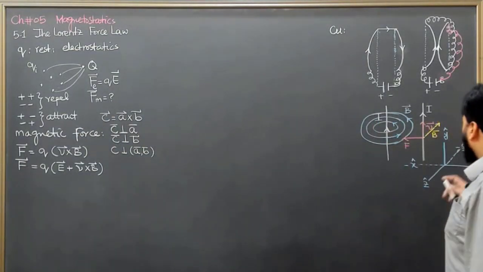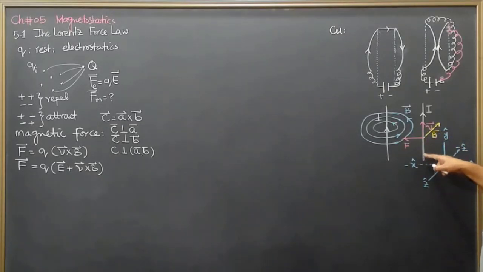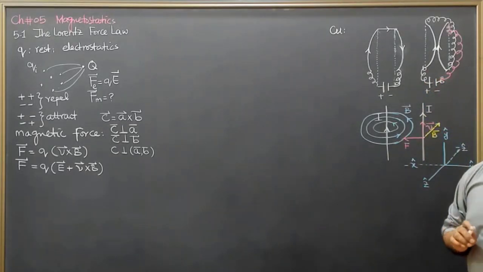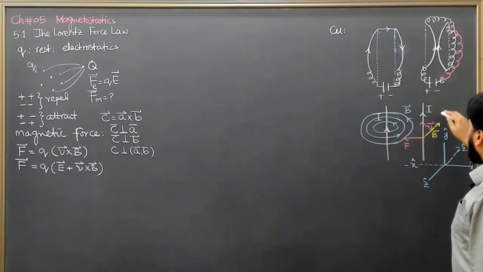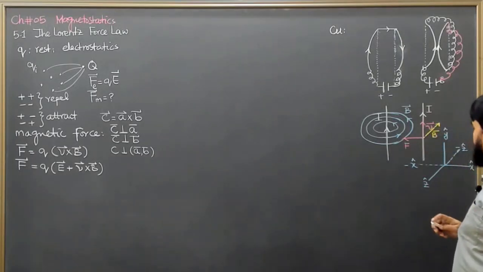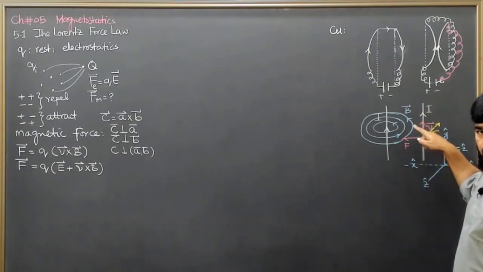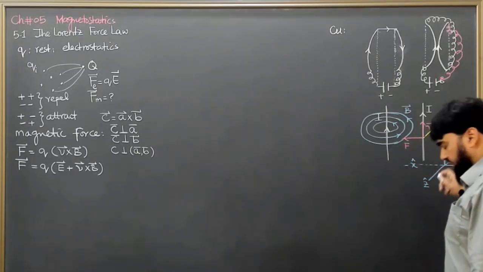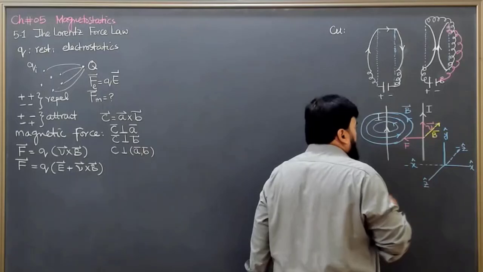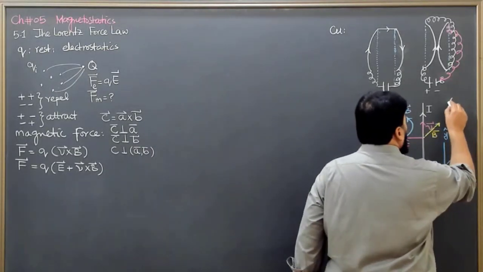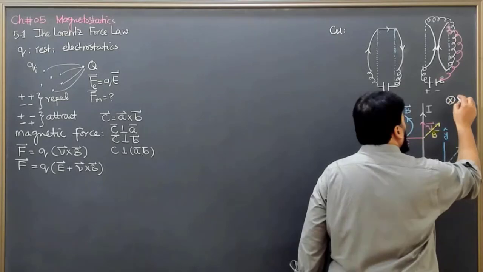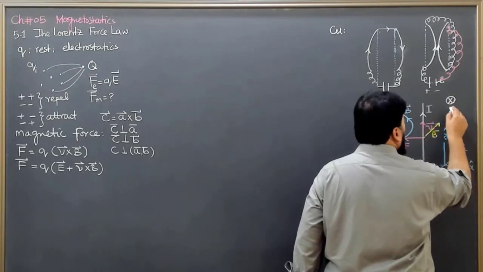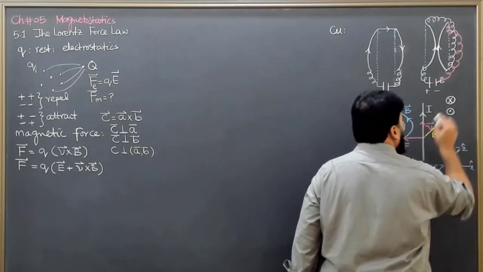Now here, if I consider that this is a wire in which current is flowing in this direction, then the motion is in direction V, the velocity of the particles, and B is into the board. If I consider the XYZ coordinates, you will remember we say into the board with a cross and out of the board for the magnetic field is a dot.